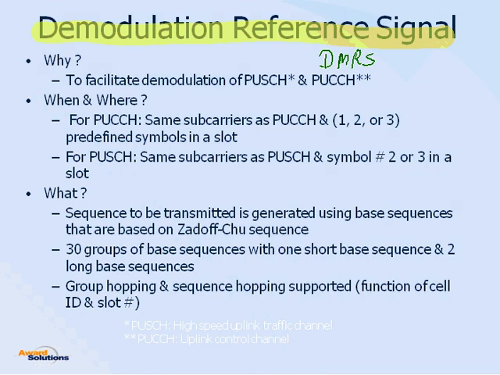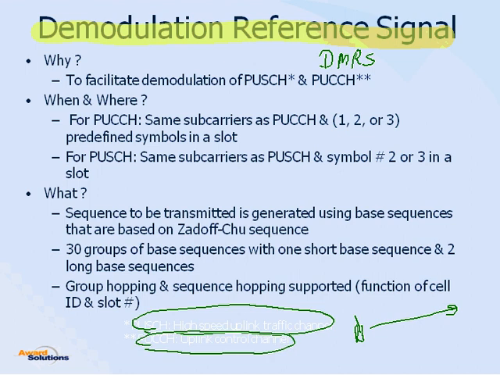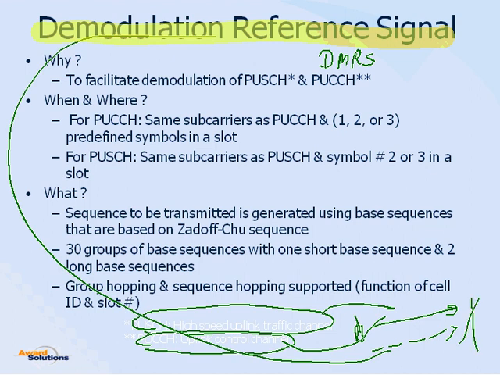Okay, so every UE that is sending out some sort of channel, such as the high-speed uplink traffic channel or control channel, will send the reference signal along with it.